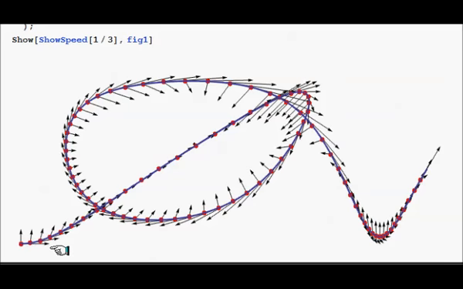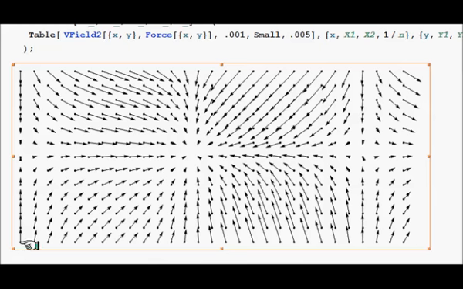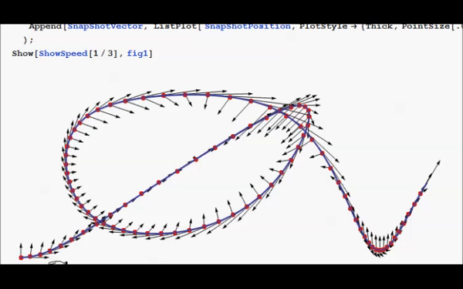Let me show you the vector field again. So this was the vector field at that point. You can see the force field is pointing upward. If I throw that particle in that direction with this much velocity, what's going to happen to this particle if you just let it go with this initial velocity? And this is the answer. What I did is assume that at that position the force vector is not changing.